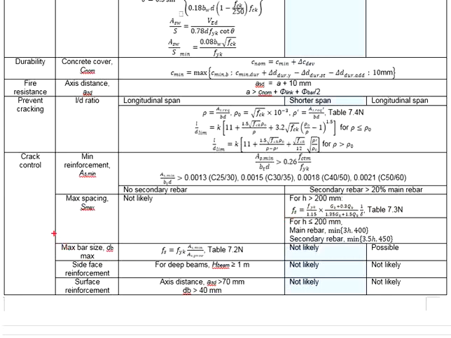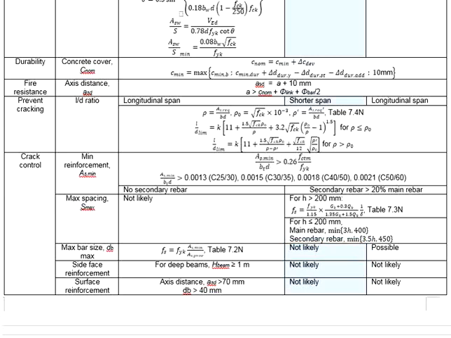In terms of the maximum bar size, in fact, all the members should check for the maximum bar size. However, normally slabs are quite lightly loaded. The likelihood of the maximum bar size not being fulfilled by the slab is not high.